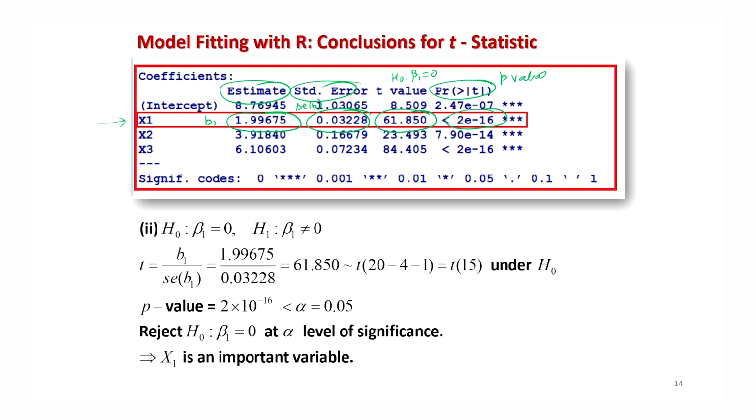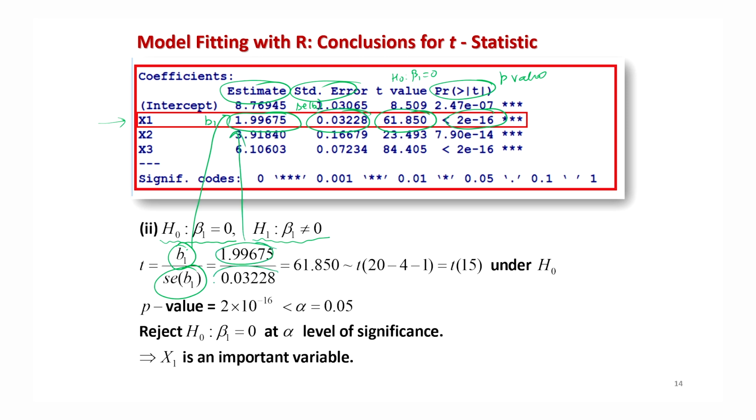For this test of hypothesis, the null hypothesis will be H naught beta 1 equal to 0, the alternative will be beta 1 is not equal to 0, and the t statistic is the b1 value upon the standard error of b1, where the b1 value comes from here, 1.99675.